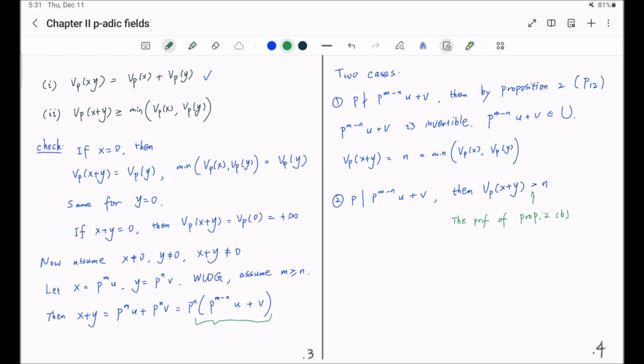Part B. That Vp of x plus y is the largest exponent of p to the L, such that the L's component of x plus y is equal to 0, and the uniqueness of the factorization.